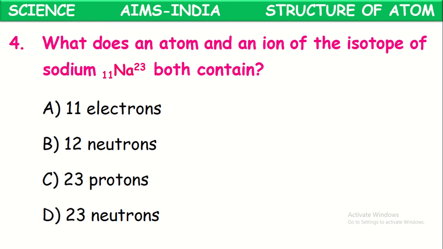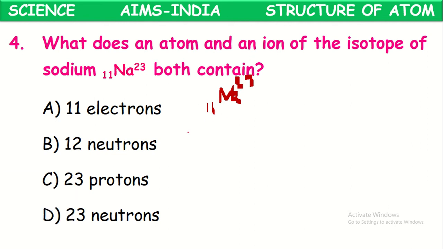Next, what does an atom and an ion of the isotope of sodium, sodium 11, 23, both contain? What relation do they have? Sodium atom and sodium ion. What do both have in common? Let us see the sodium atom first. Sodium atom with atomic number 11 and mass number 23.